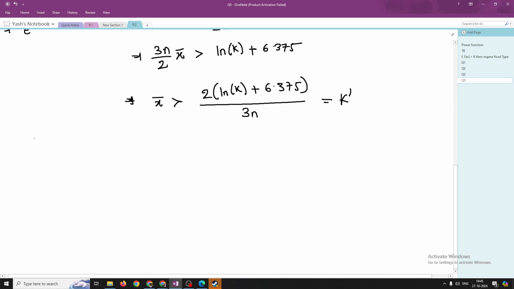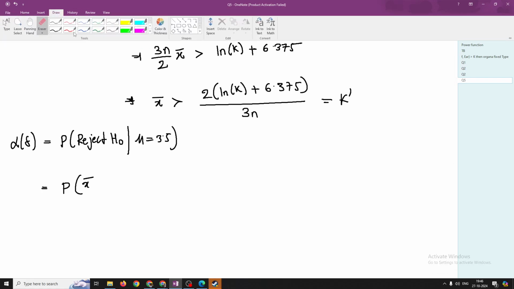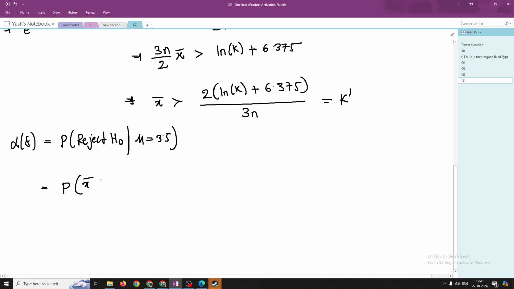So what I do is I explicitly calculate the probability of rejecting h naught, and my mean is 3.5 because under h naught mean is 3.5. And now when do I reject h naught? I reject h naught when x bar is greater than this k prime, right? So when x bar is greater than k prime given mu is equals to 3.5.